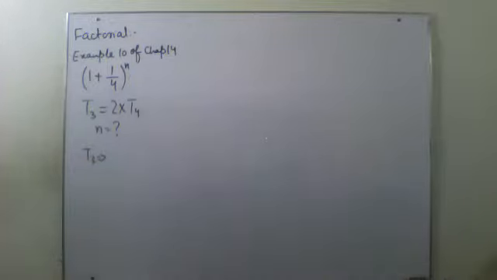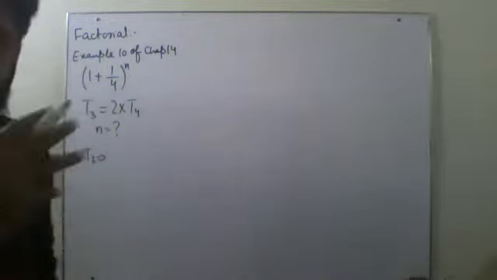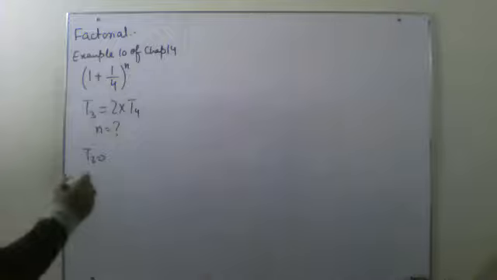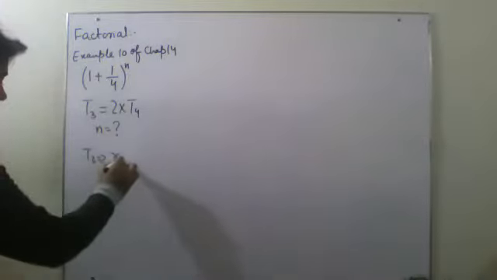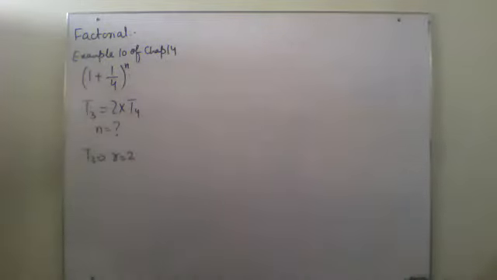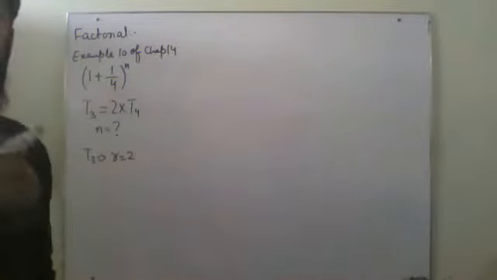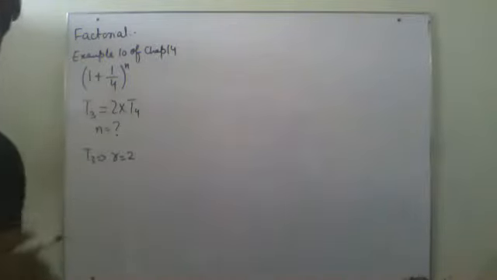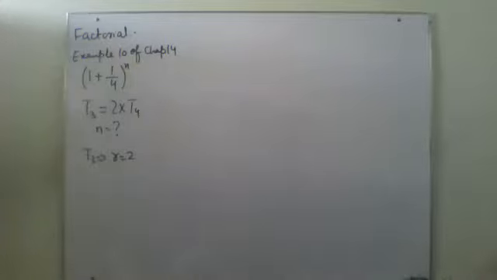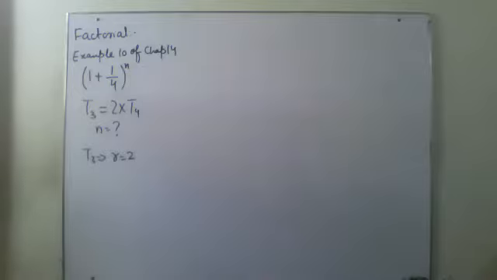If the third term is given, it means the value of r will be 2. Because I have told you that when we talk about term number in binomial expansion, r is always one number less than the term number.